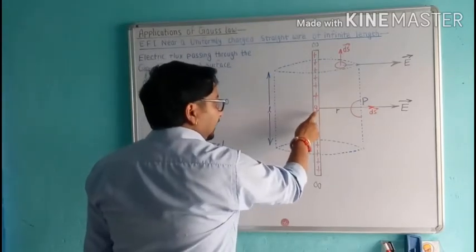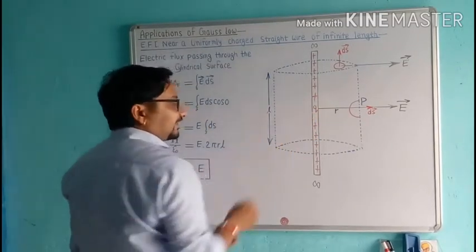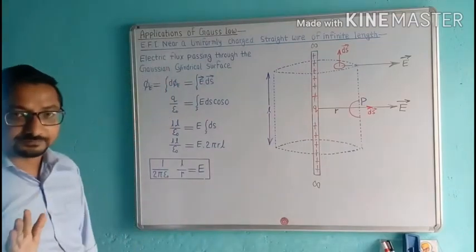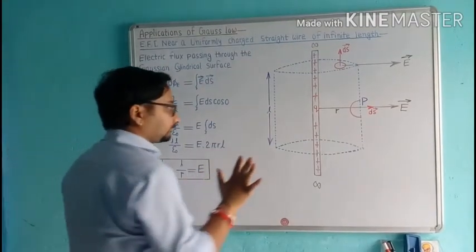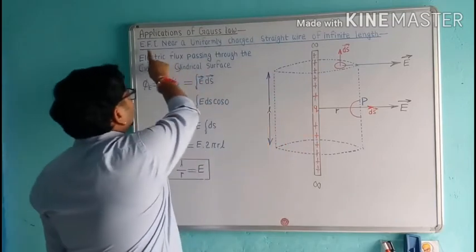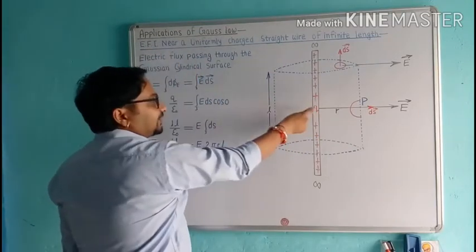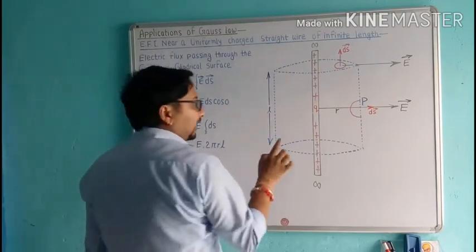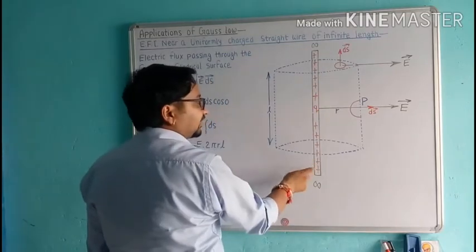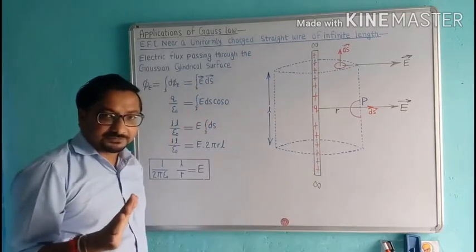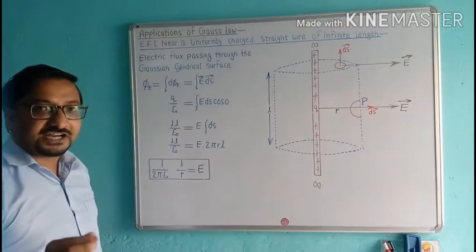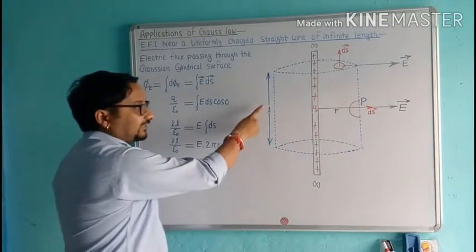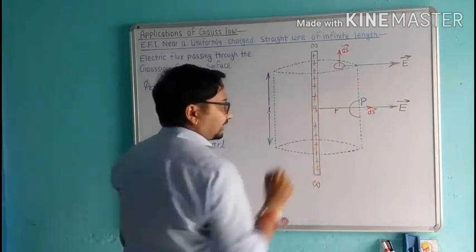Suppose the linear charge density of this wire is lambda. Now to find out the electric field intensity near this wire, consider a Gaussian cylindrical surface having length L and radius R.